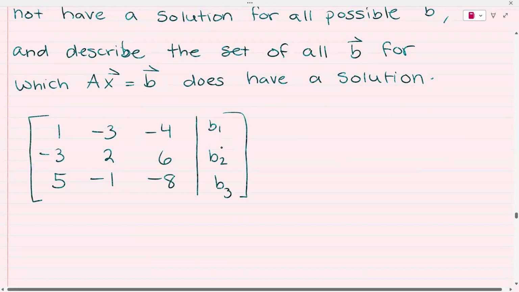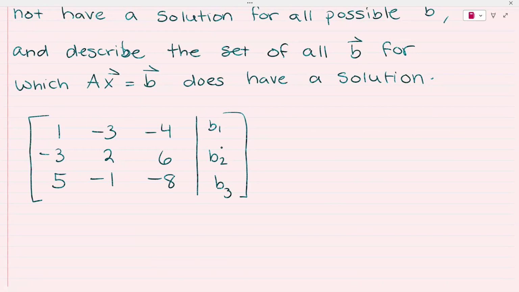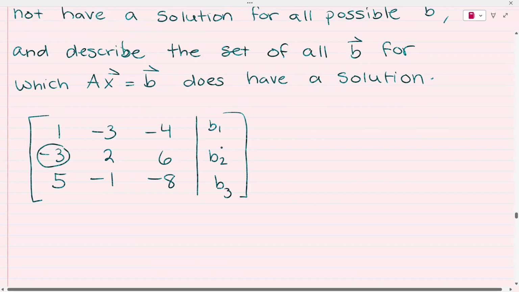Right? And then what we're going to do is put it in RREF form. So let's make this -3 into a 0. To do so, we're going to multiply by 3 times row 1 plus row 2, and that will give us your new row 2.